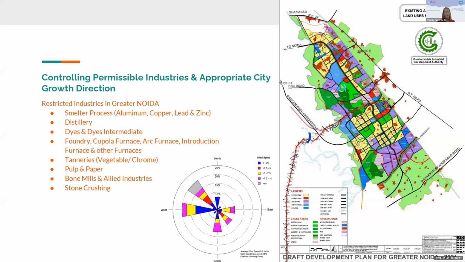They restricted industries very strictly, clearly, so the industries which will be polluting either water or air were avoided in the city. And even today, of course, there are pollution for other reasons around Noida, but industries have not been contributing to the pollution levels of what this area has.